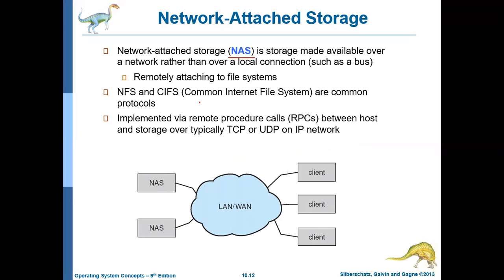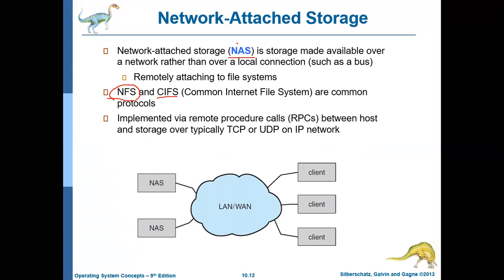Network attached storage is one of the storage technologies which is commonly used. It uses NFS, that is network file system. Operating systems like Linux use NFS, and Windows uses CIFS, Common Internet File System, which are the common protocols used for network attached storage.